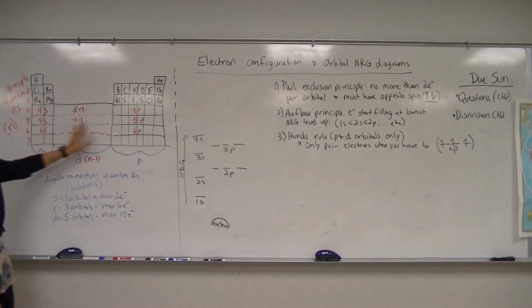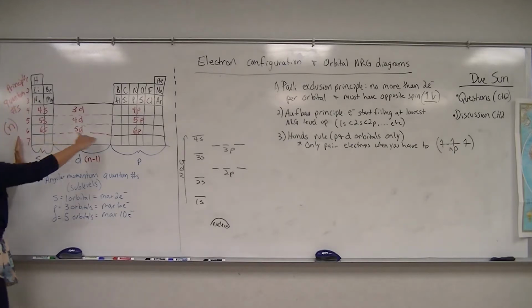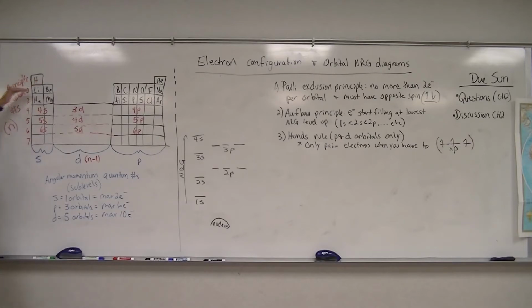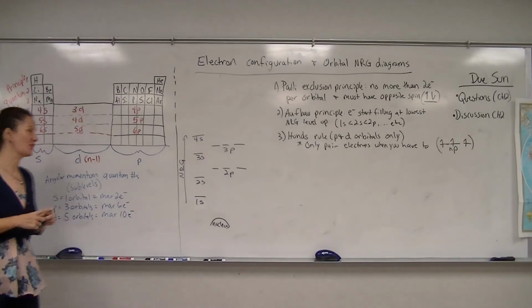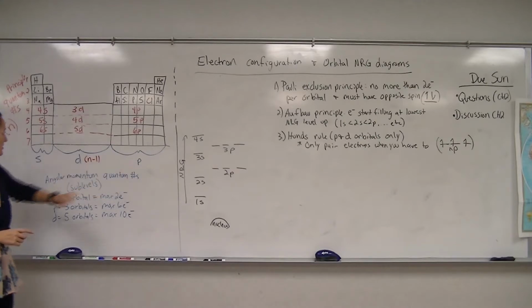So here I have my periodic table. We learned about principal quantum numbers denoted by this variable n. The principal quantum numbers are the numbers on the side of the periodic table for each period, 1 through 7. We use these to tell us what row, what period, what level the electrons are in. Then we have the angular momentum quantum number.